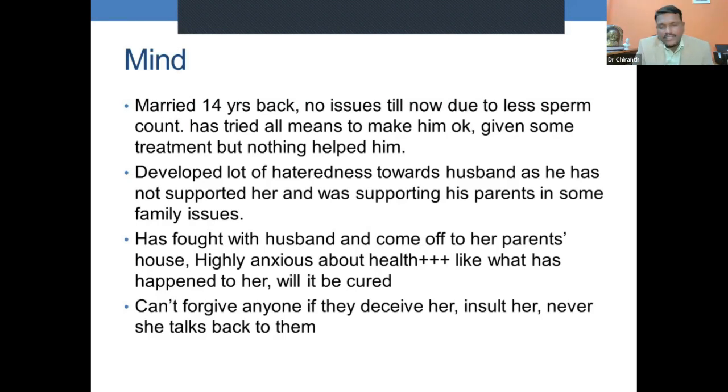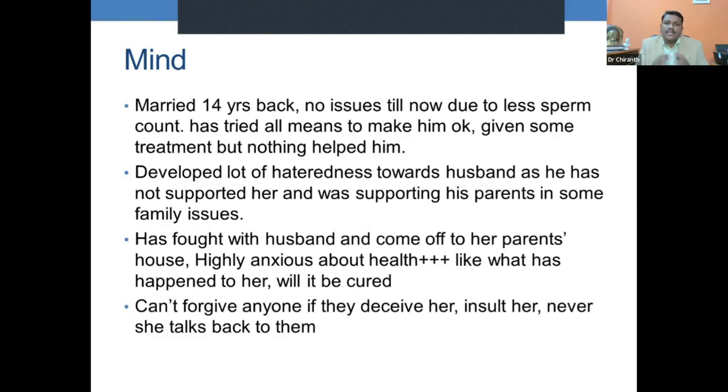After this, there were a lot of frictions from the family and outside the family. And during the course of 14 years, even the husband started losing interest in the wife, and they were not in physical, sexual contact.